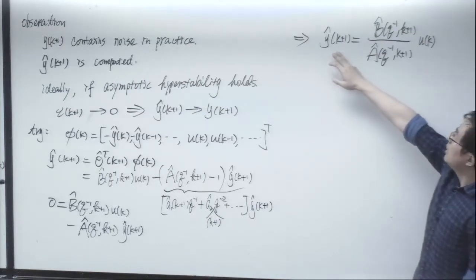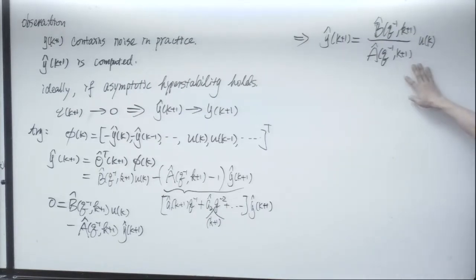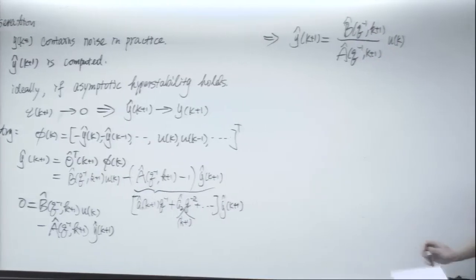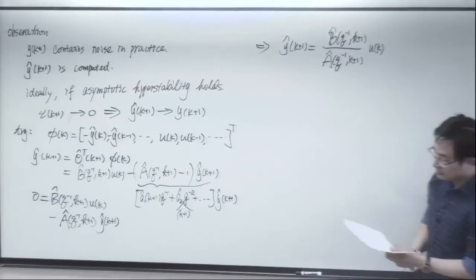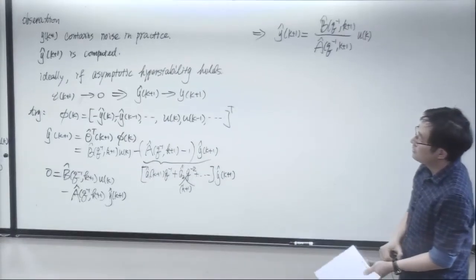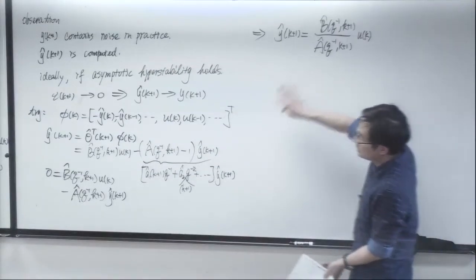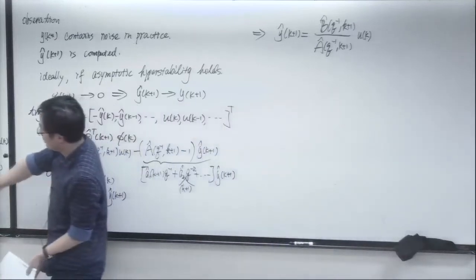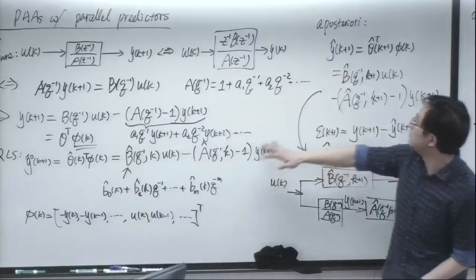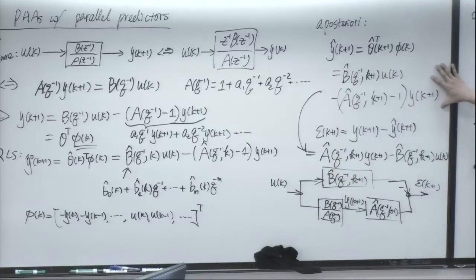The a posteriori prediction is actually just replacing all the coefficients in B and A by their estimates. Which is slightly different from here. It doesn't have as clean a structure as this.